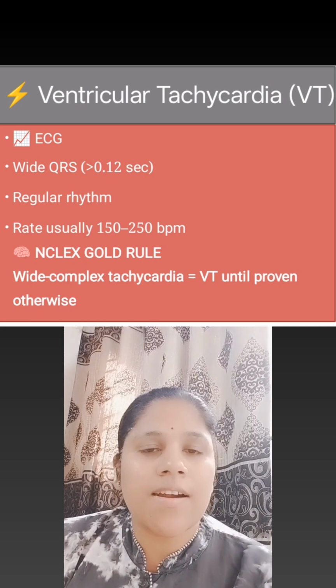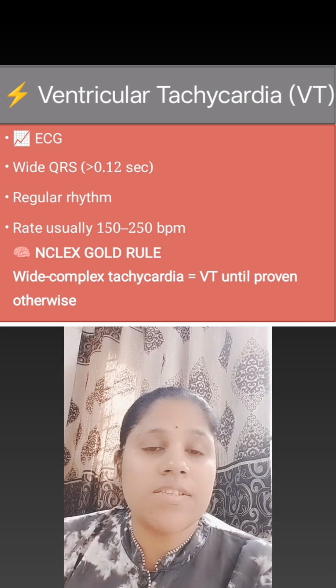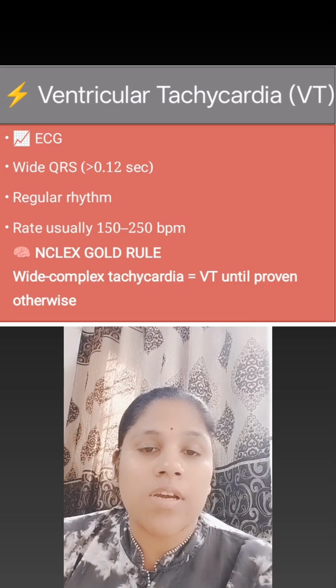For ventricular tachycardia, we have to always see the ECG. On the ECG, we look at the QRS complex, and the QRS complex should be 0.12 seconds. If it is prolonged more than 0.12 seconds, then we should suspect a wide QRS complex.